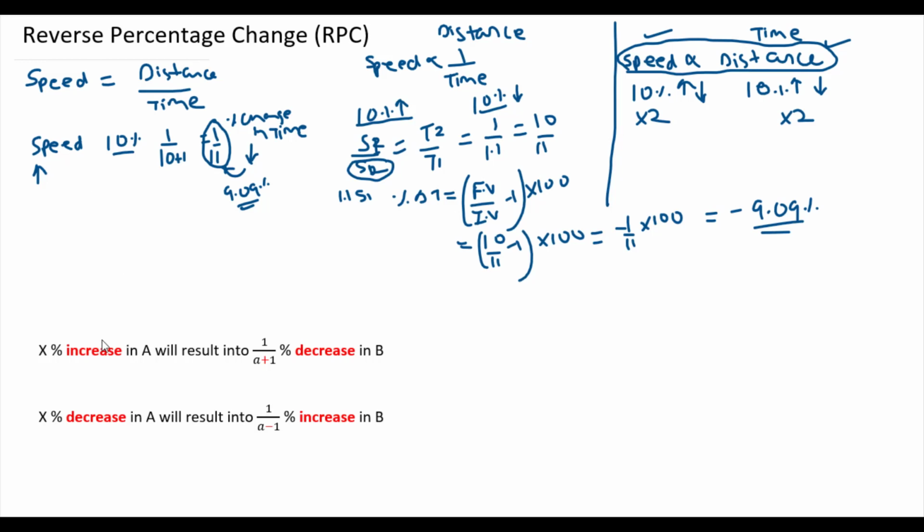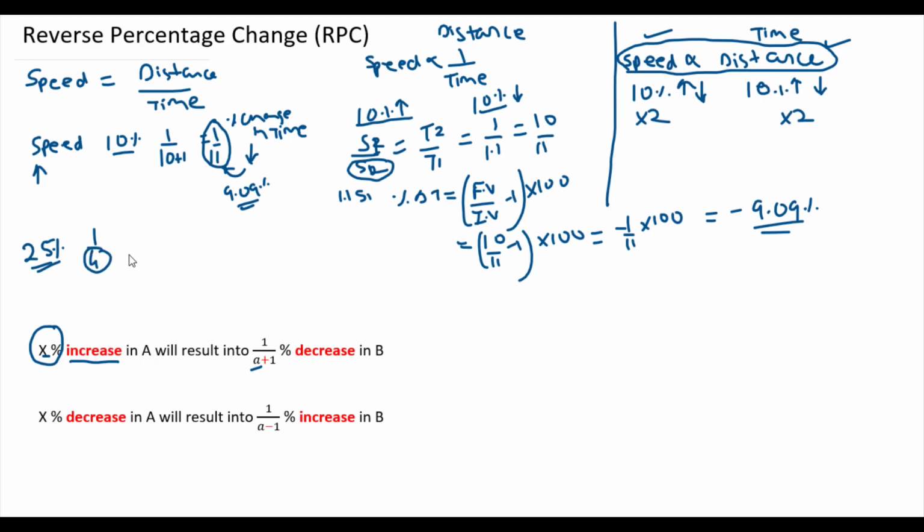So how do we standardize this procedure? Suppose there is an X percentage increase in A, it will result in 1 upon A plus 1 percentage decrease in B. So what is A here? What you have to do is represent this percentage in ratio form. Suppose, for example, there is a 25% increase in some quantity, say A. In ratio form, this 25% will be 1 by 4.